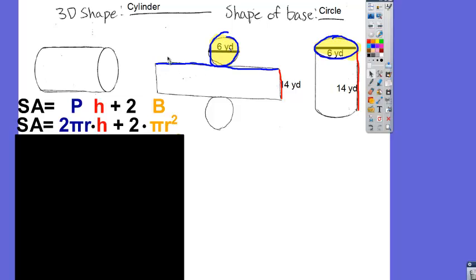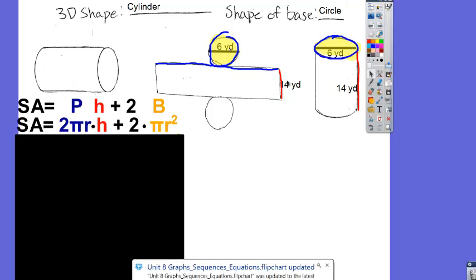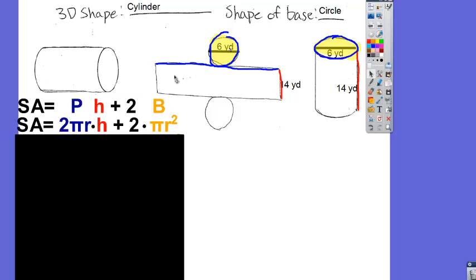Well, if I do this length times this width of this entire rectangle, that gets me the area of the rectangle here. So that means that this P times H gets me the area of this lateral surface. That's the part where the label goes. It means everything except the bases. Then we're adding the area of the bases.